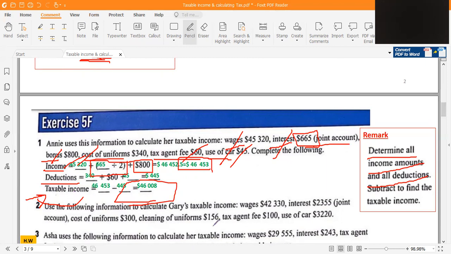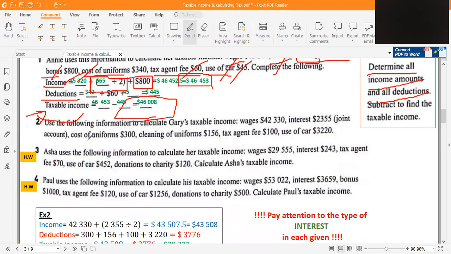It is very easy to use this definition to solve the next exercise. Use the following information to calculate Gary's taxable income: wages, interest.